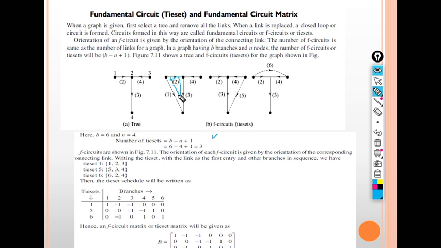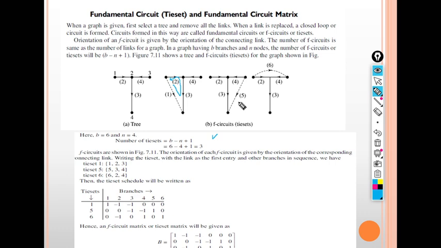Now what I am saying is that for branch 1 it is the same direction, so it is +1. For branch 2 it is the opposite, because the branch 2 direction is towards this and the link direction is opposite, so it is -1. Same for branch 3, it is opposite, so it is -1. Branches 4, 5, 6 are not connected, so these are 0, right?